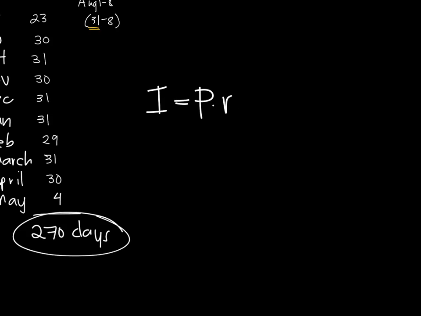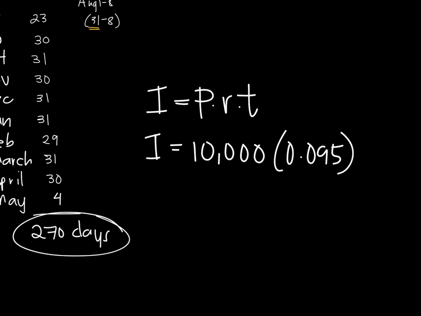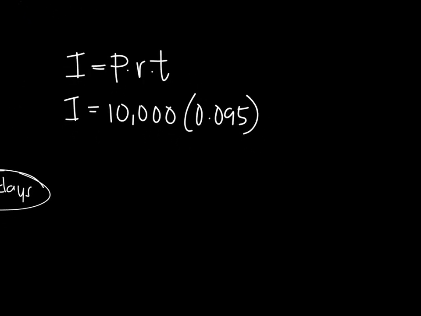Once we found the number of days, we go back to our basic formula. I is P times R times T. P is still 10,000, that's the given amount. The rate is 0.095 for 9.5%. The time is 270 days divided by 360, since this is an ordinary interest, so you use 360 instead of 365.